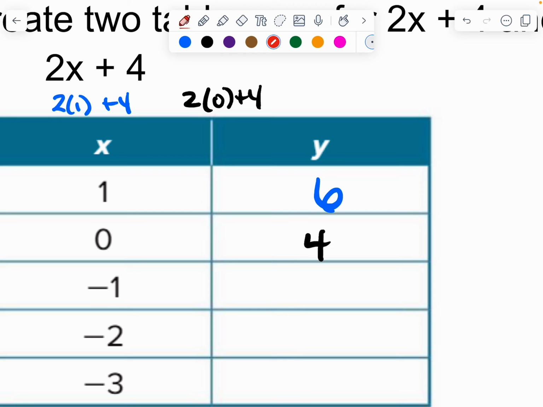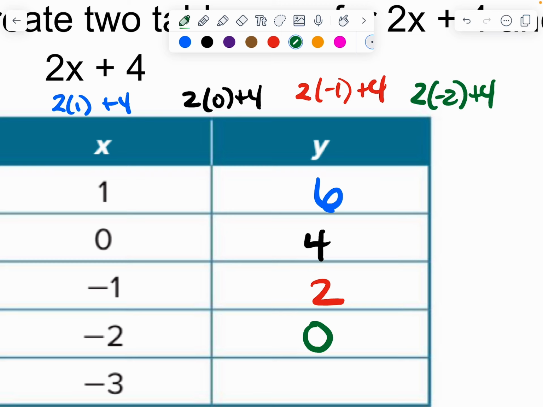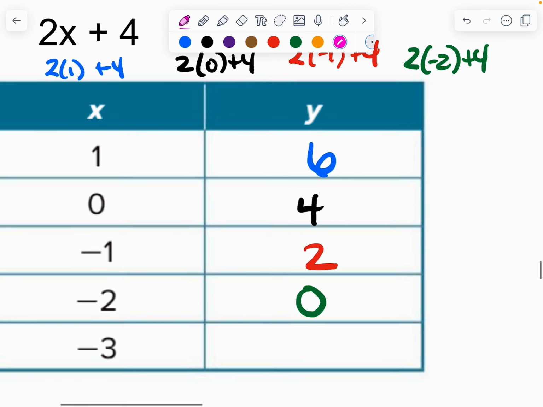If I do 2 times negative 1 plus 4, it's 2. Do you notice how it's going down by 2's? And then we have 2 more. 2 times negative 2 plus 4 gets me 0. And last but not least, 2 times negative 3 plus 4 will get me negative 2.